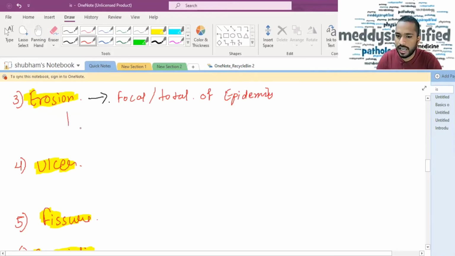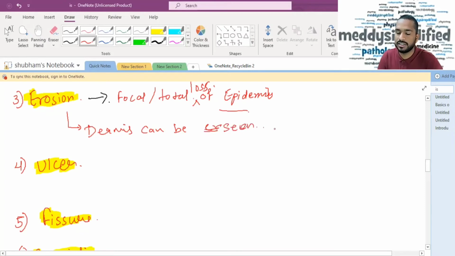The layer of epidermis is totally or partially gone, right? If it's partially or totally gone, what we can see is the layer below the epidermis, that is dermis. So dermis can be seen in erosion, and what color does the dermis look when it is seen during erosion? It is red in color. This is an important thing which you should know.